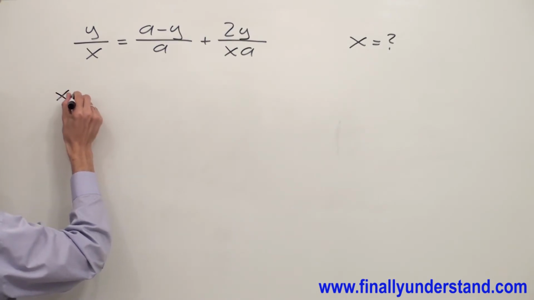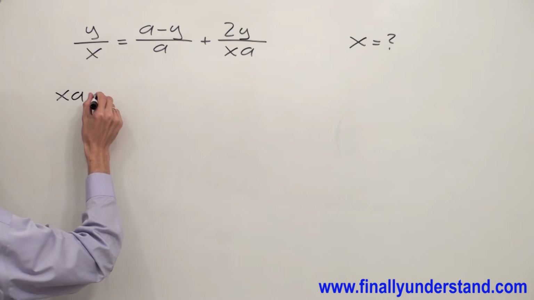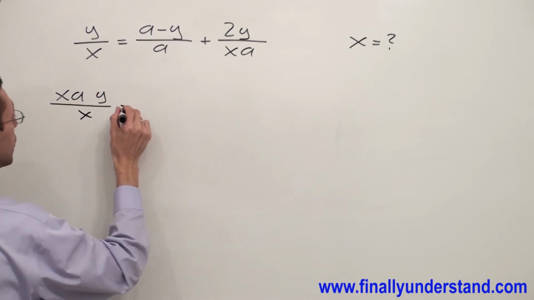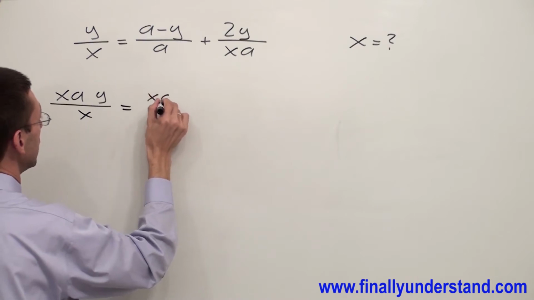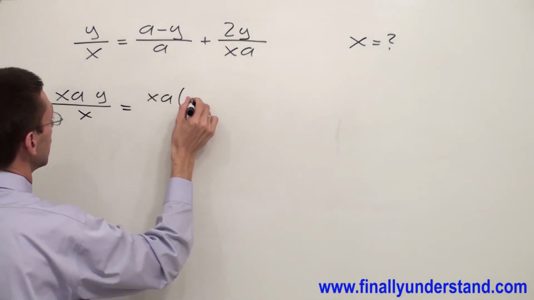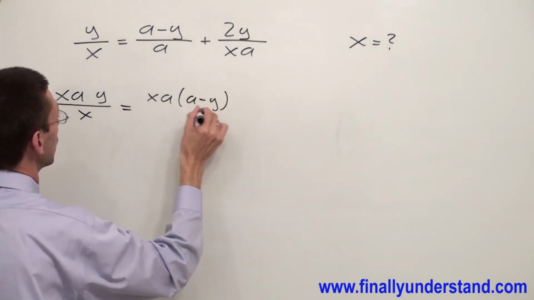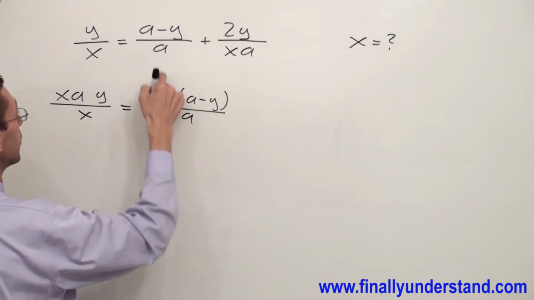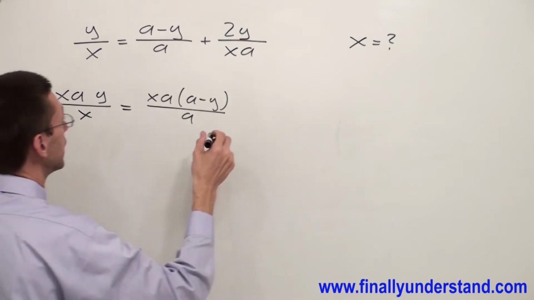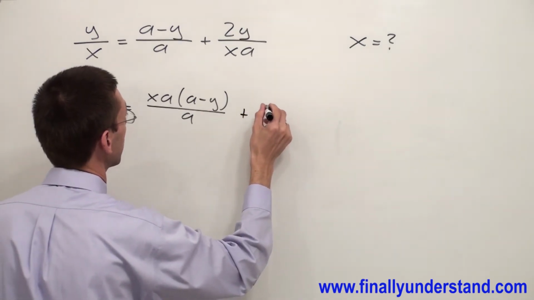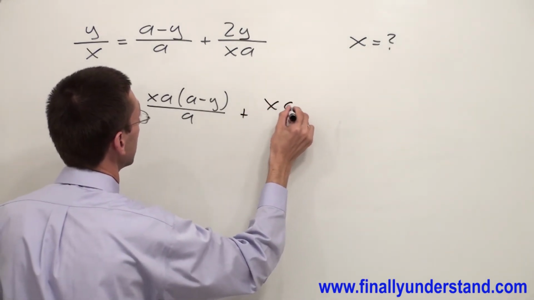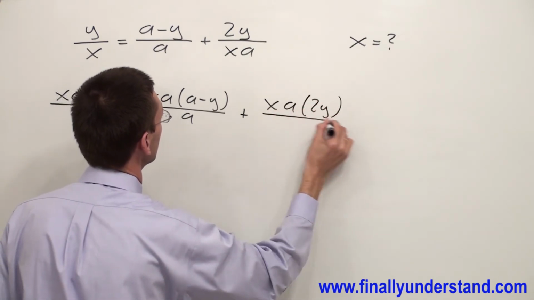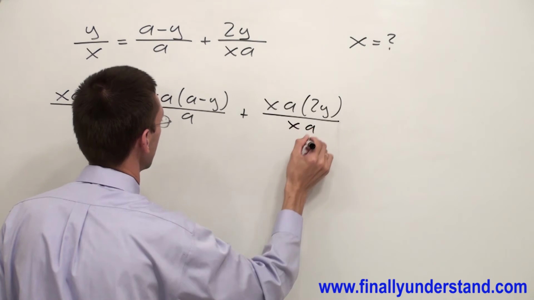So xa times y over x equals xa times (a minus y) over a. Okay, I multiply xa by this numerator, plus xa times 2y over xa.